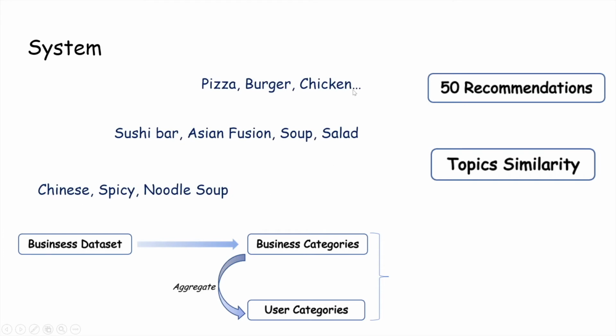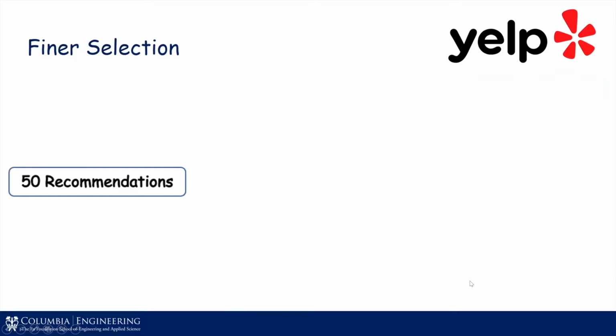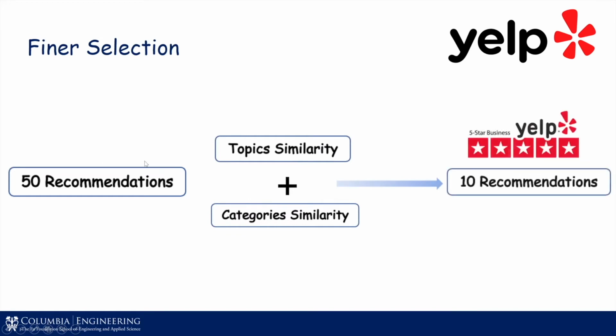These are some examples of our categories. So finally, we can also get the category similarity. In the end, we will use topic similarity and category similarity to do a final selection from the 50 recommendations. And these 10 recommendations are our final output.